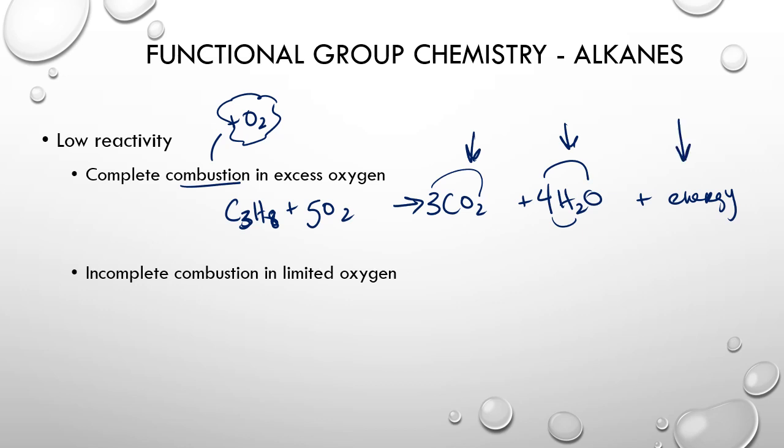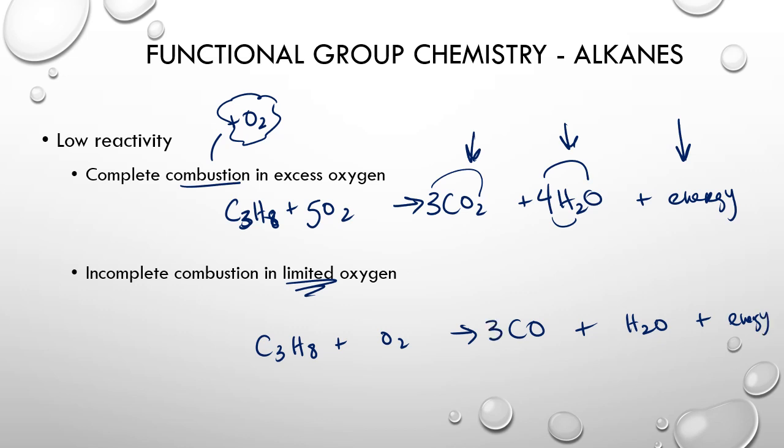Memorize that. Incomplete combustion, where we have a little bit less oxygen available, what we're going to make is a little bit different. Instead of carbon dioxide, we're going to make carbon monoxide. This is bad. We'll still have some water, we'll have some energy in the form of heat and light.